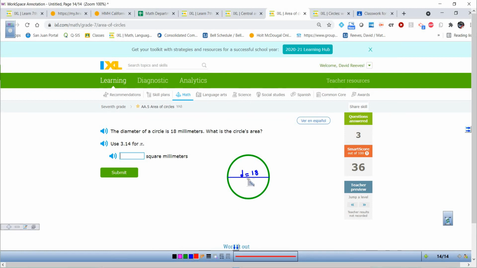Well, if the diameter is 18, then what would the radius be? The radius is going to be half of that, so r is equal to 9. So if they give you the diameter, find the radius, and the radius is 9.